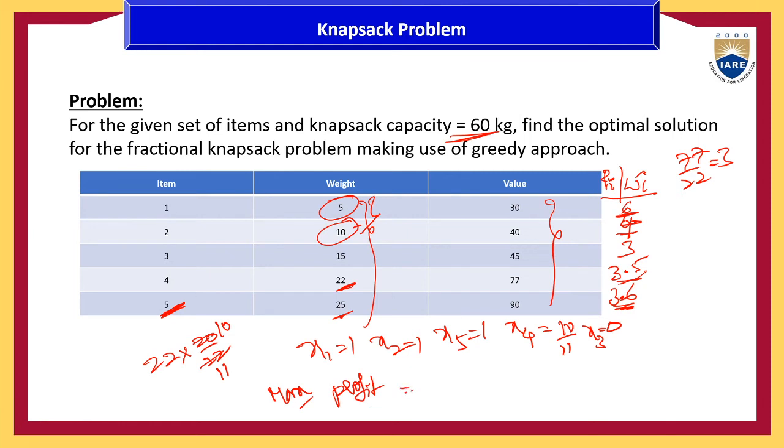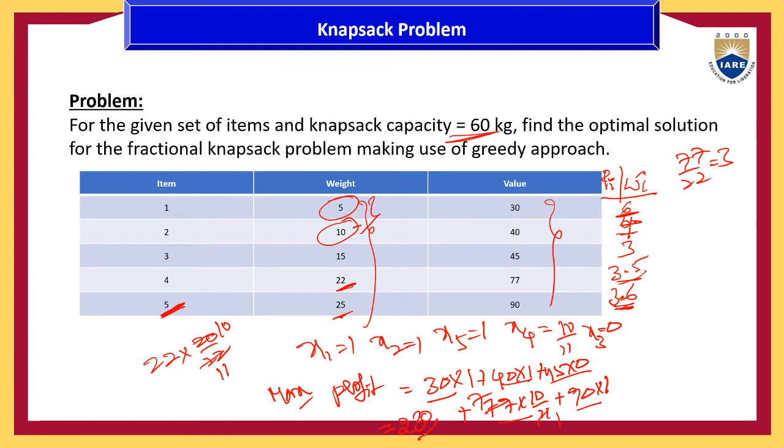Maximum profit equals 30 into x1, 1, plus 40 into 1, plus 45 into 0, plus 77 into 10 by 11, plus 90 into 1. 11 ones are 11, 11 sevens are 77. 30 plus 40, 70, plus 0, 70. 70 plus 70, 140. 140 plus 90, that value equals 230.